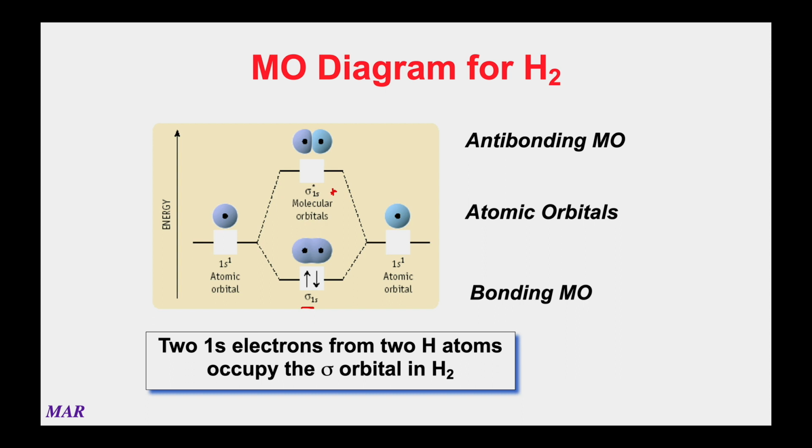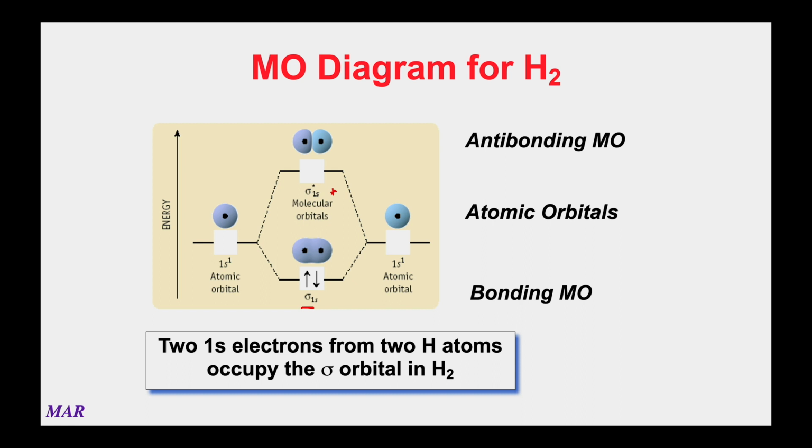The star means, of course, anti-bonding, but the 1s means that they came from 1s orbitals. We're going to see eventually some other orbitals that come from 2s, so that's helpful too. But anyway, when the 1s orbitals on the hydrogens come together, they make sigma 1s and sigma star 1s orbitals. So this is the molecular orbital diagram.